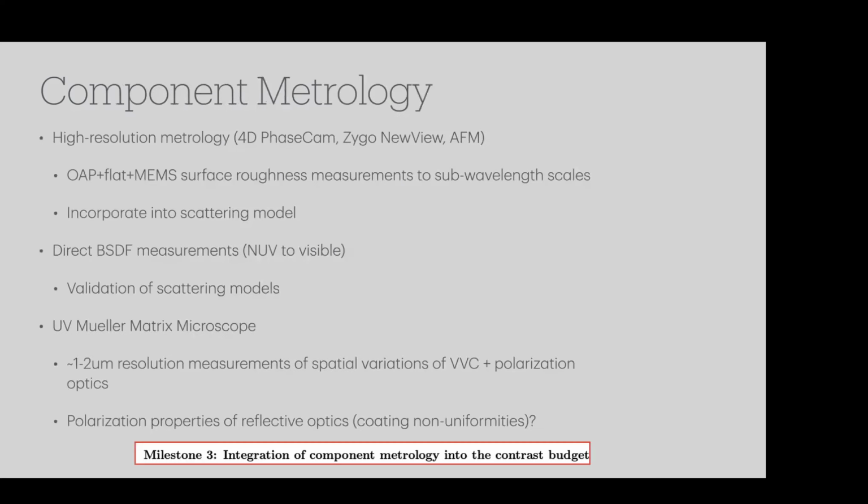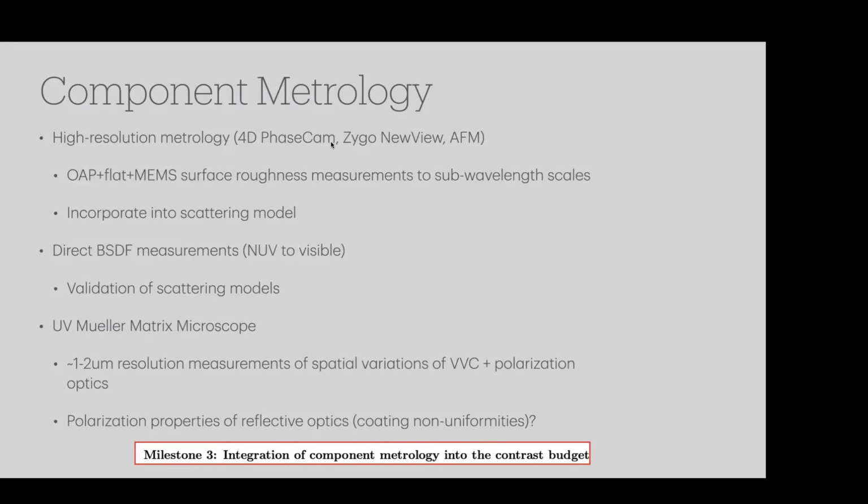Okay, so the next component of this is the component metrology. I apologize, I don't have any pictures of things here. This is essentially 3 different sorts of measurements. One is high resolution metrology of our reflective surfaces, so the OAPs, flats, and ideally a deformable mirror at different spatial scales.